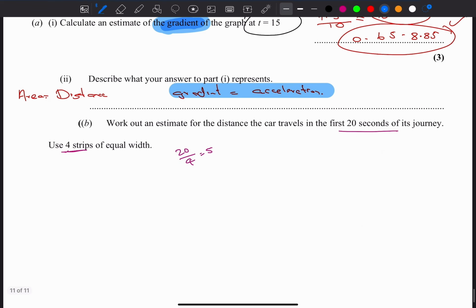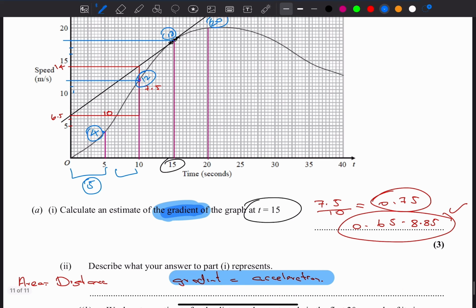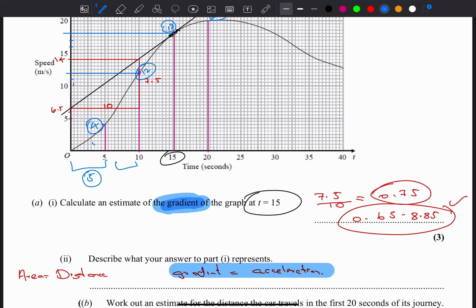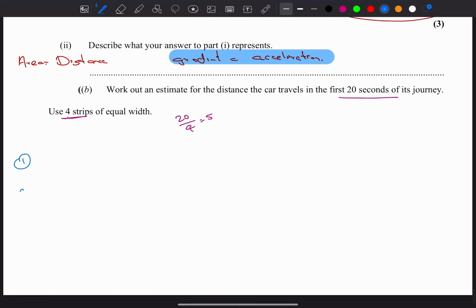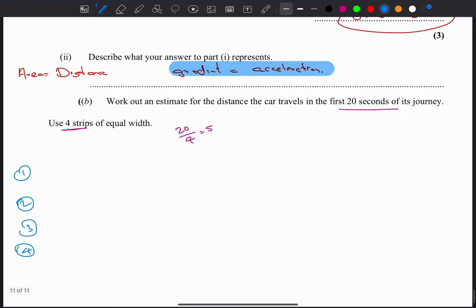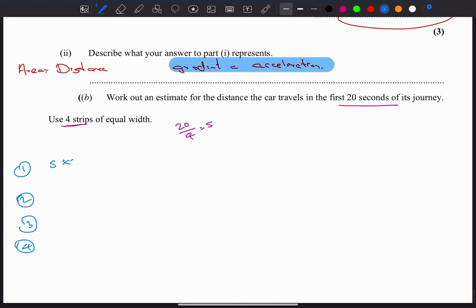The first box is a triangle. So base times height, 5 times 4 divided by 2, is 10.